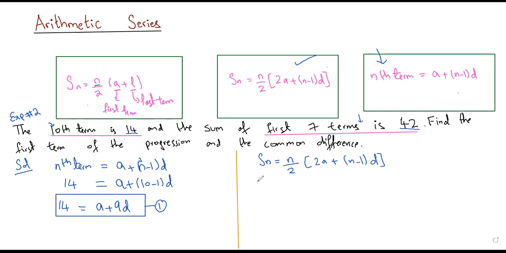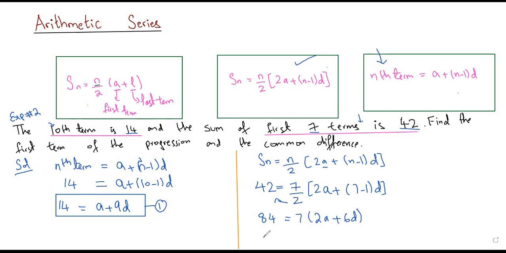So I will plug in 42 equals n is 7 by 2. 2 multiplied by a. I do not have any information about the first term, so I leave that. n again is 7 minus 1 into d. I'll simplify this. I'll take 2 to the other side and that would give me 84 equals 7 into 2a plus 6d.